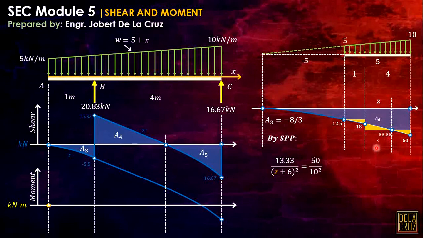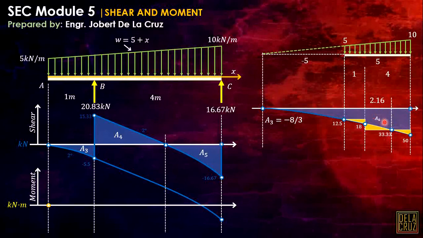This should be 33.33, not 13.33. This one, y over x squared, where x is 6 from here up to that point plus z, is equal to 50 over the total 10 squared. Here we have the value of z, 2.16. So calculate ko na yung area 6 natin.